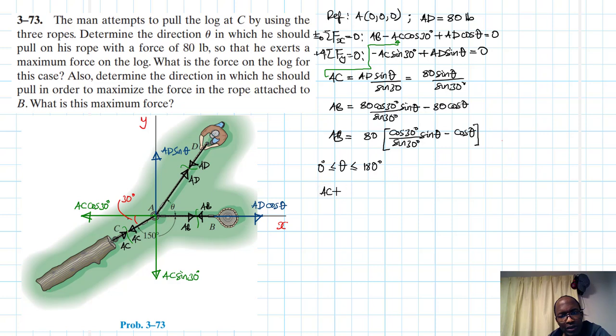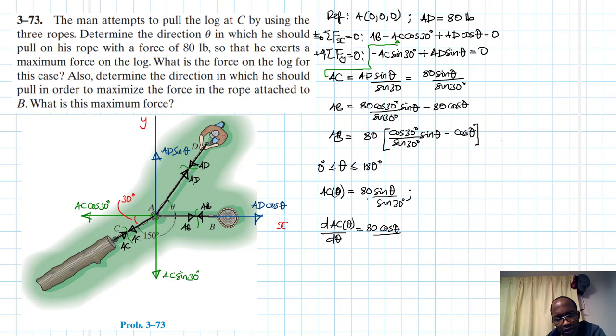Let's start with the first one. We have AC as a function of theta, equal to 80 sin theta divided by sin 30. The derivative of that, dAC with respect to theta, is just going to be equal to 80 cos theta, since the derivative of sine is cosine, and sin 30 is a constant.